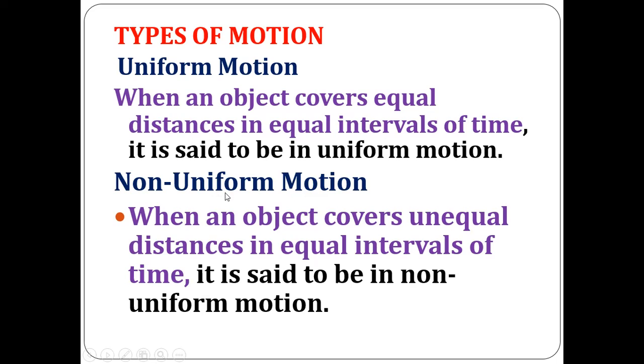Non-uniform means the object covers unequal distance in equal intervals of time. For example, in a running race, one will cover the same distance in one time, and another will cover the same distance in different times. So there is unequal distance in equal intervals of time, and it is said to be non-uniform motion.